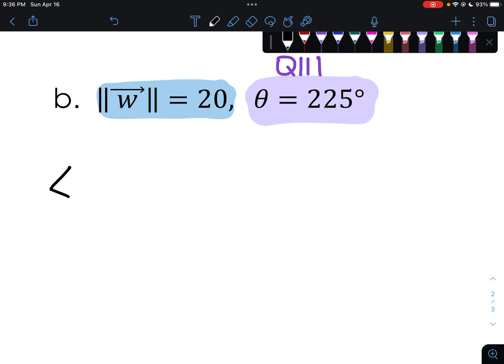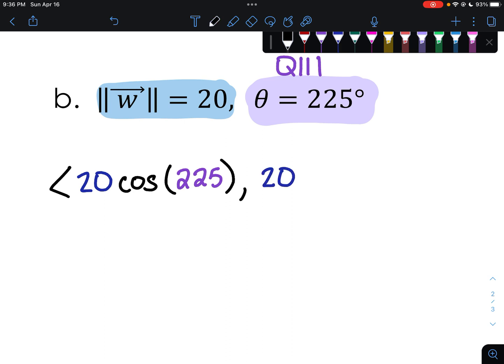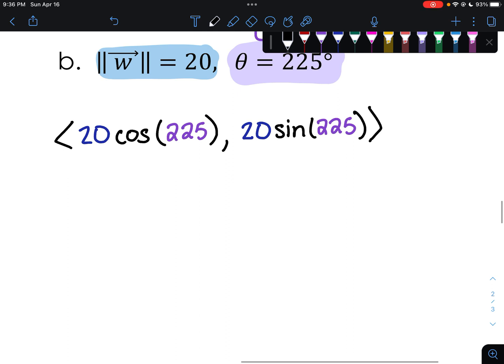So here we go. We have 20 times cosine of our direction angle, 225. Then we have 20 times sine of our direction angle, 225. So when we evaluate this, we should know that 225 corresponds to the 45-degree reference angle.